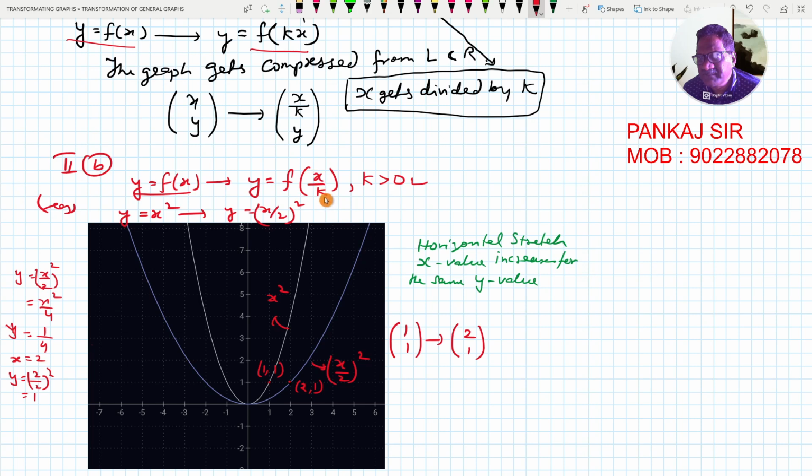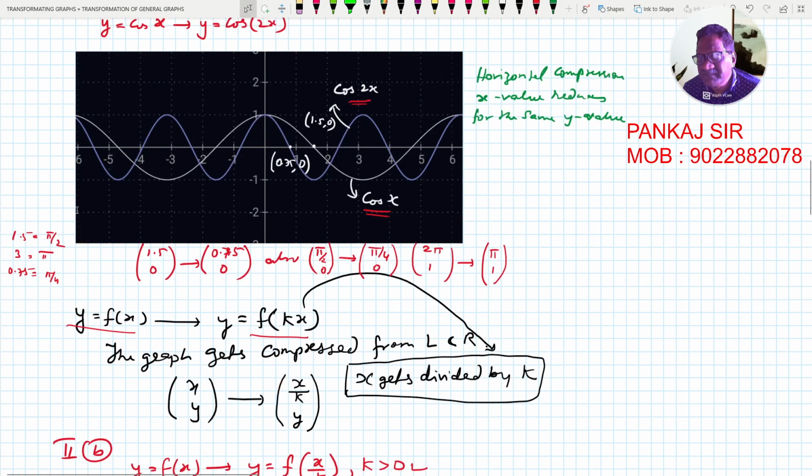When you divide x by positive k, you get a new type of transformation, which is called a horizontal stretch. So far it was horizontal compression. This compression can also be considered a shrink. In many books, they prefer the word shrink.